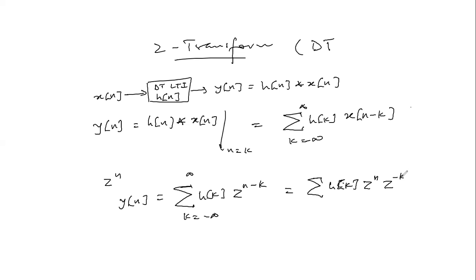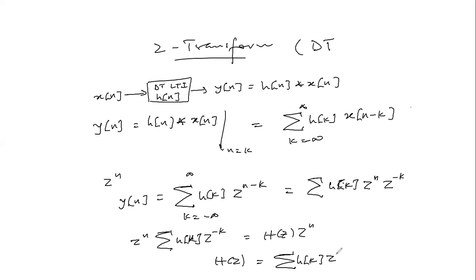And in the same vein, we can also bring out all of these which are in common. So z to the n sigma h of k, z to the minus k will be the same as H of z, z to the n. So in this case, H of z is the same as sigma h of k, z to the minus k, for k taking on values from negative infinity to positive infinity.